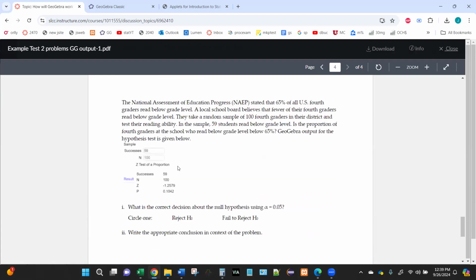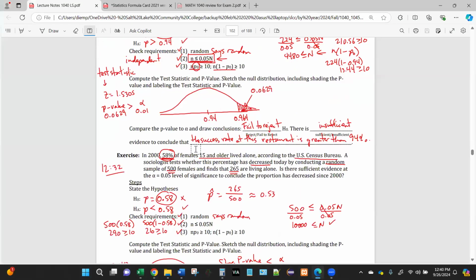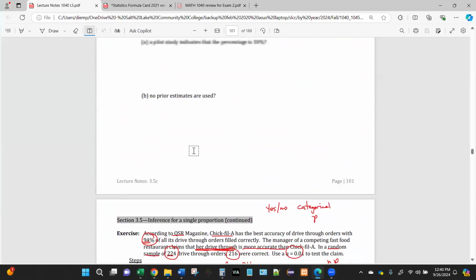For example, on this problem here, you have the results from GeoGebra as a screenshot in the exam. Does that make sense, Killian? So you'll have enough of the partial output from GeoGebra in the exam to answer the questions. If I had more time, I would talk more about that, but go through that document. In the meantime, we need to do a couple of practice problems with sample size.